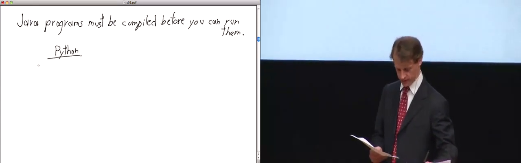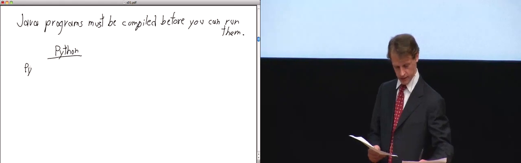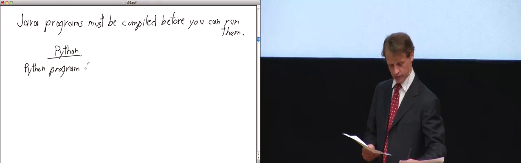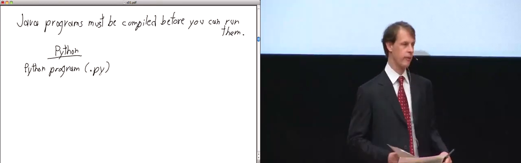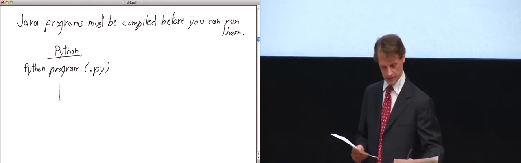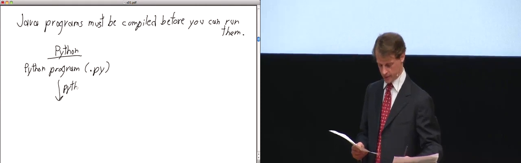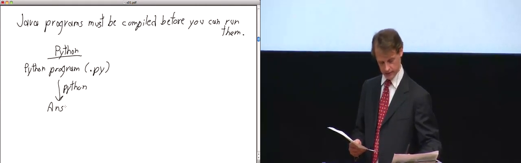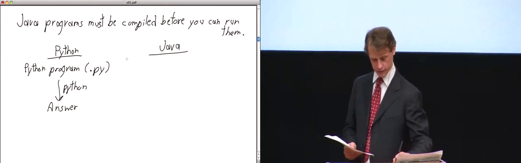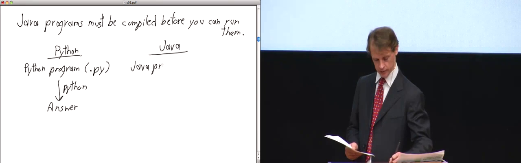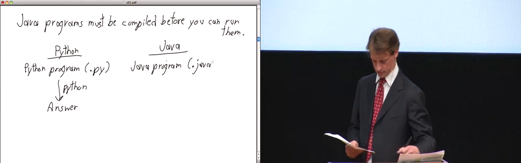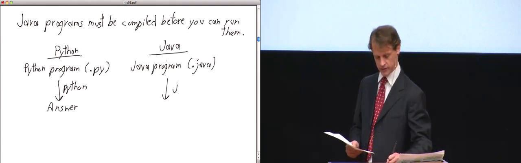Just so you know what's going on, if you take a language like Python or Scheme, when you're prototyping a program, you just take your Python program in a py file, type in Python and the name of your program, and you get your answer right away. Not so with Java. In Java, there's an extra step. You've got your Java program, and the first thing you have to do is compile it.